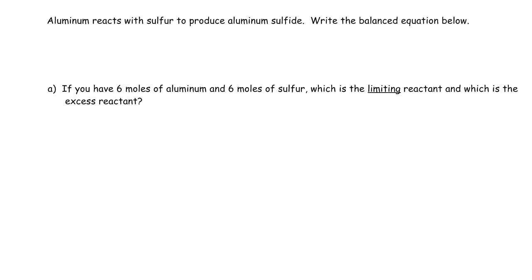So as in any stoichiometry problem, the first thing I always need to do is to write and balance a chemical equation. So aluminum, that's going to be symbol Al. That's going to react with sulfur, and that's going to produce aluminum sulfide.